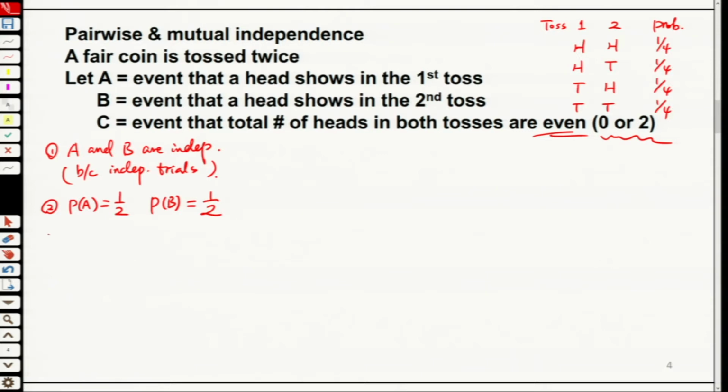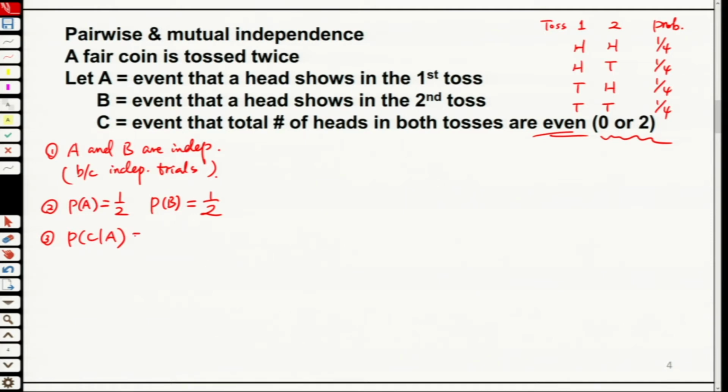Now, we got probability A and probability B. So what's the probability of C given A? What is C? C is the total number of heads in both tosses being even.